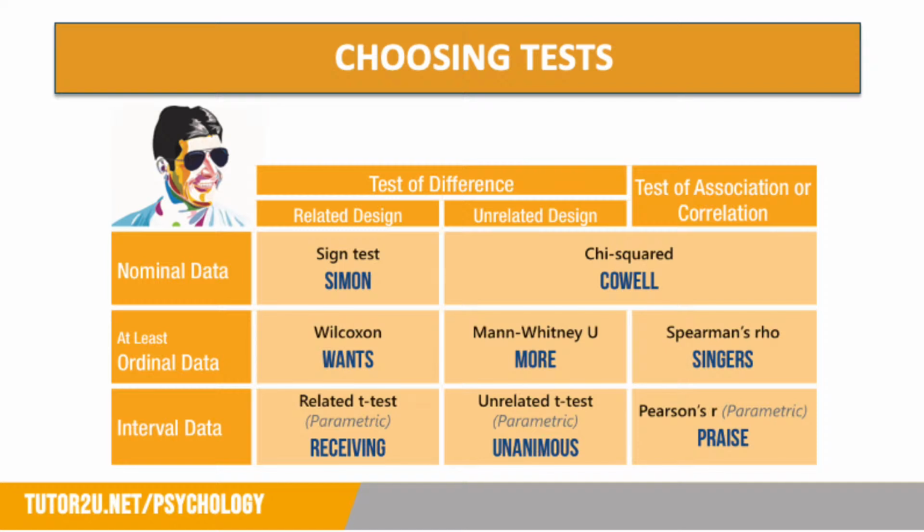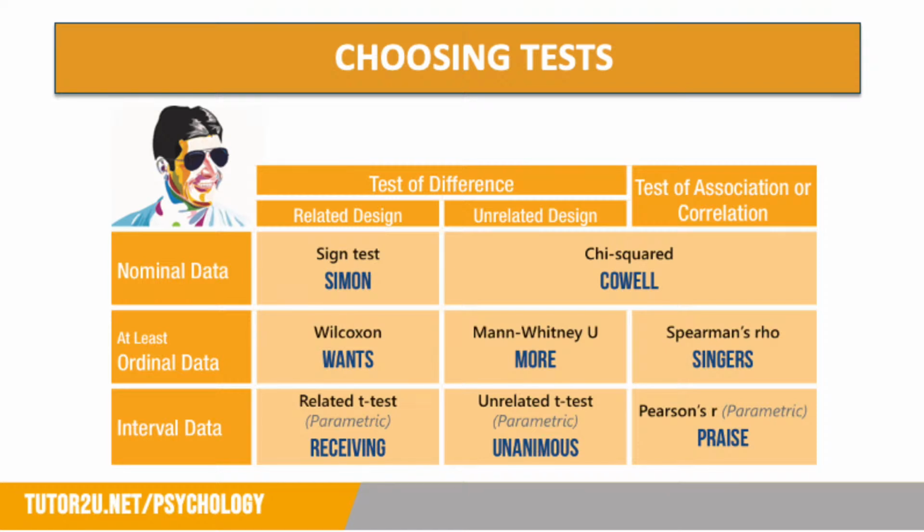So for example, if you were doing a study looking at a difference between 2 things, the data was ordinal level data, or at least ordinal, and you had an independent subjects design, then the correct test to use would be the Mann-Whitney. If it was looking for a relationship or a correlation, and you had 2 sets of interval data, where there is an underlying scale with equal points, then you would be looking at Pearson's R. So just make sure that you have some kind of table and some type of mnemonic.